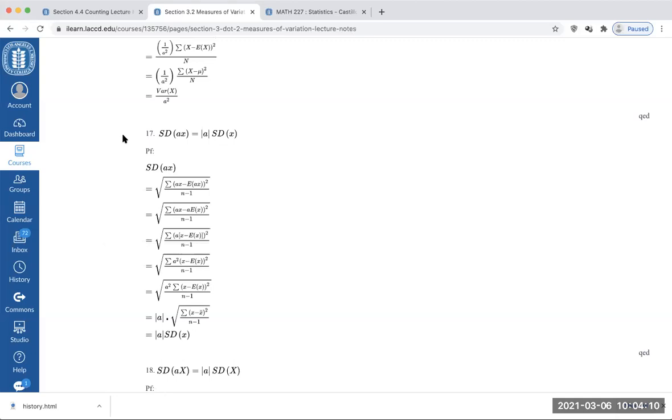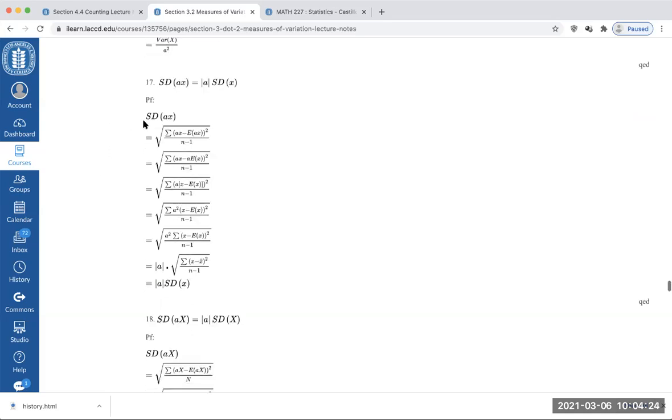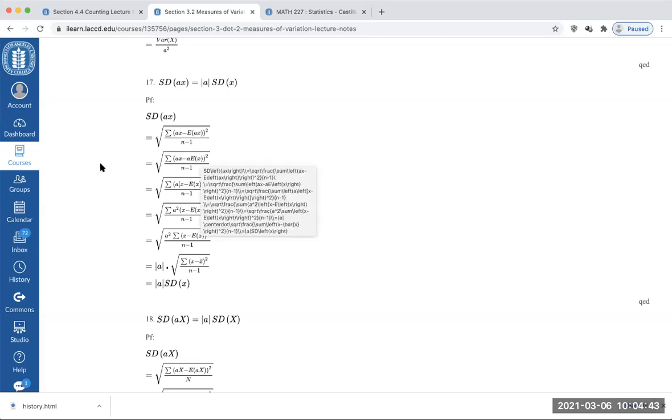The standard deviation of ax is the absolute value of a times the standard deviation of x. We could show this using the facts that we've proven above, but I'm not going to use that fact. So the standard deviation of ax is the square root of the sum of ax minus the expected value of ax quantity squared, all over n minus 1. By the properties of the mean from the previous section, the expected value of ax is just a times the expected value of x.